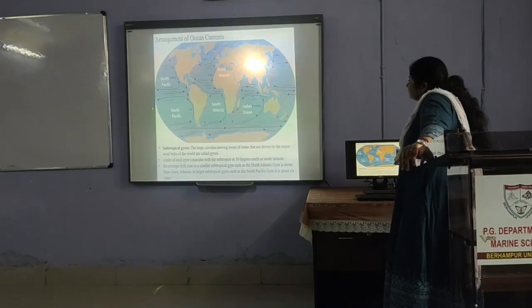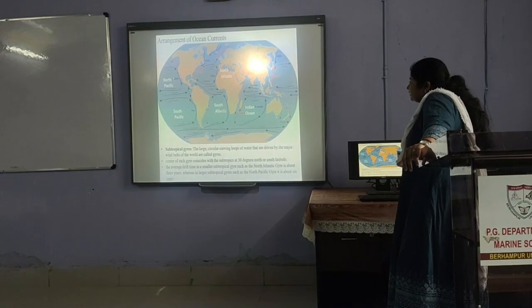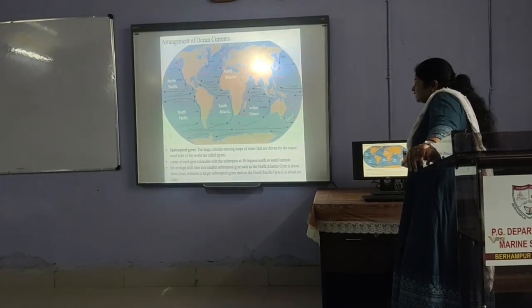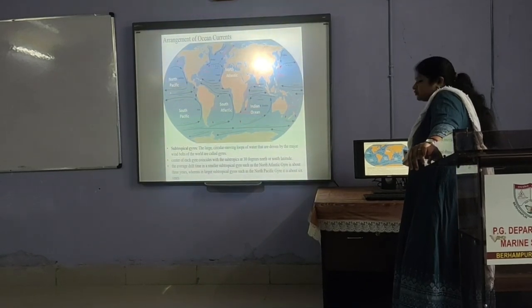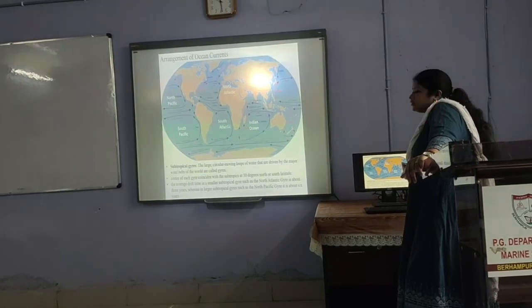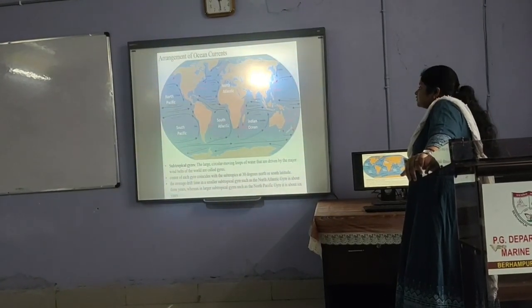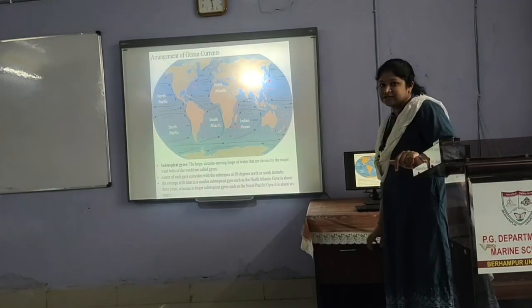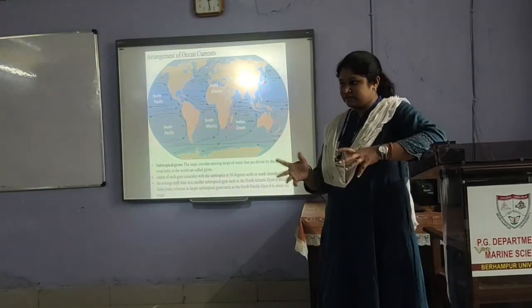In the Atlantic and Pacific there is no land mass in the north, so two gyres are always formed. But in the Indian Ocean there is a land mass in between the ocean. So the circulation pattern in the Indian Ocean is different.